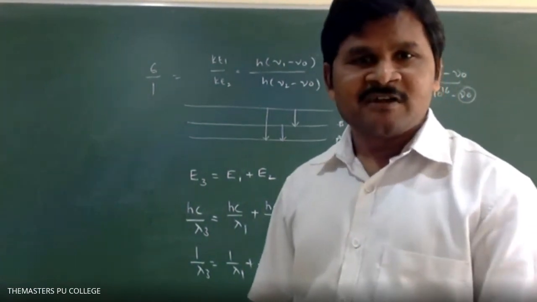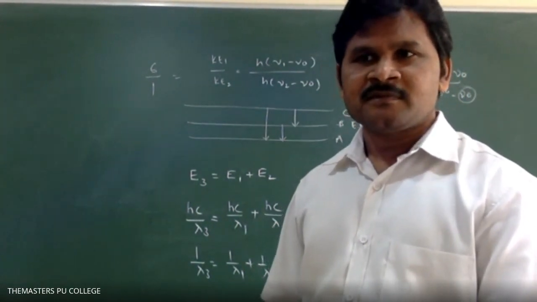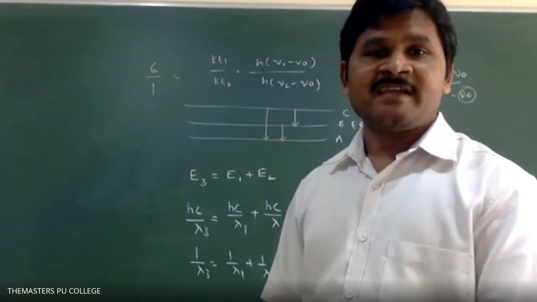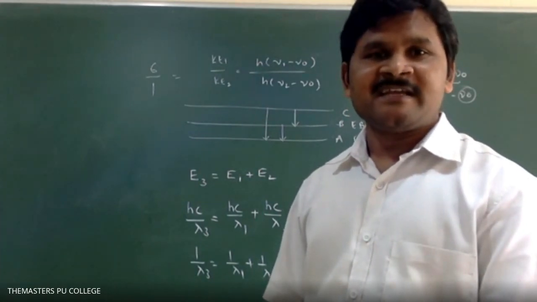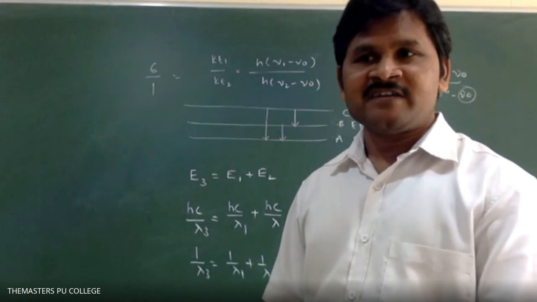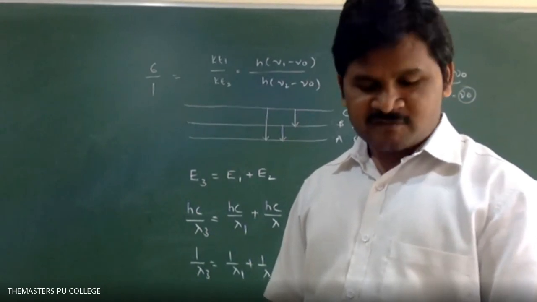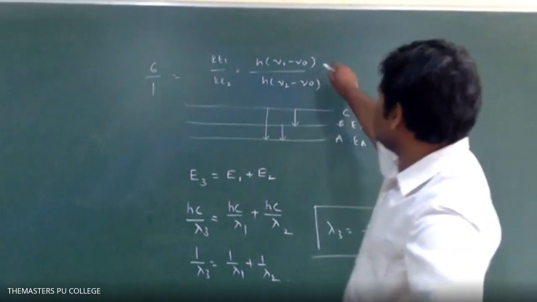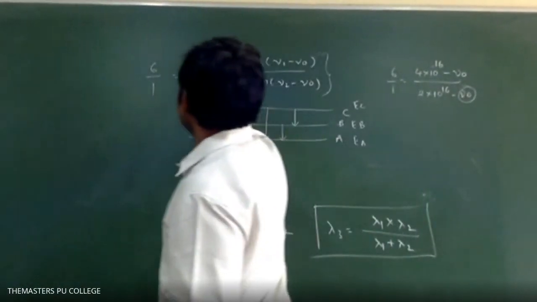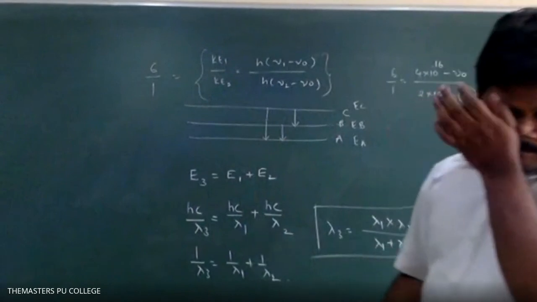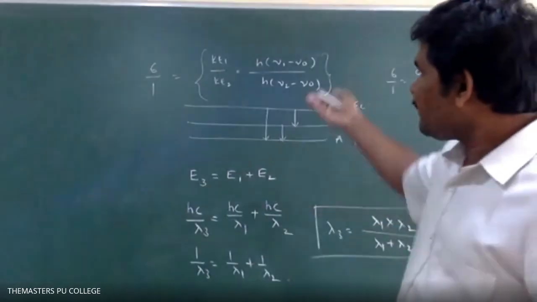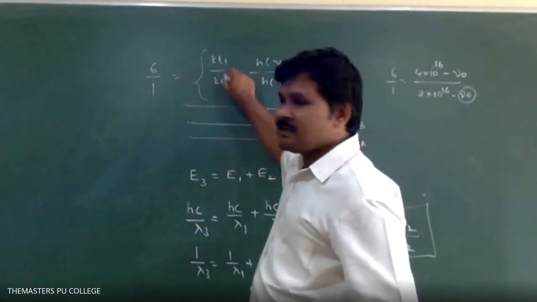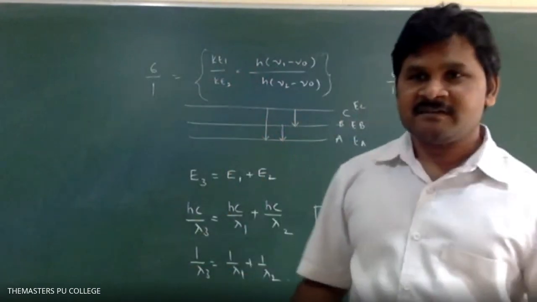Power formula I wrote. Power is equal to E by t, and E is nhc by lambda into t. Power formula you please apply. Next, 29 is a formula, but this one you have to calculate. Everything is given.